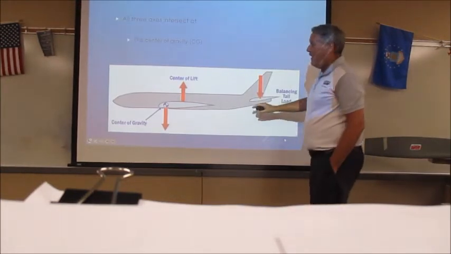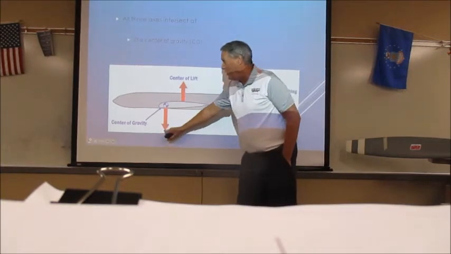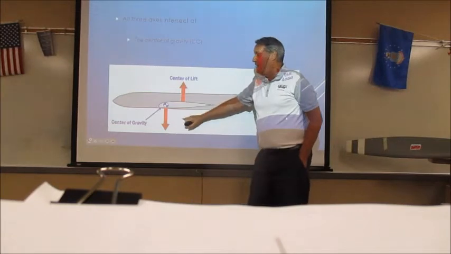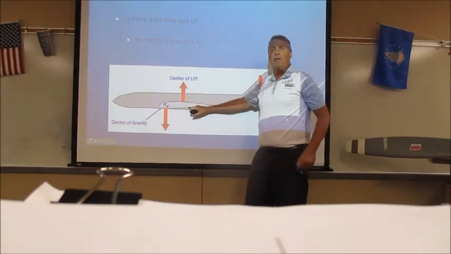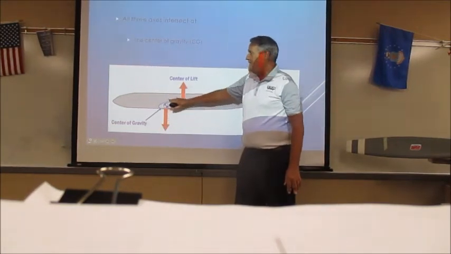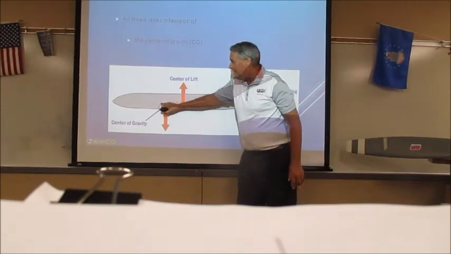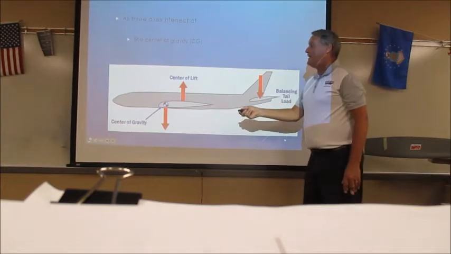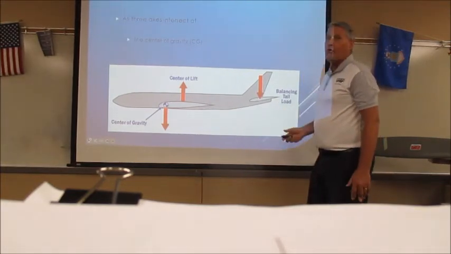Also, I said they all come up through the center of gravity, but here's the center of lift. This is typically how an airplane works: we've got the center of gravity, and then the center of lift on the airfoil.